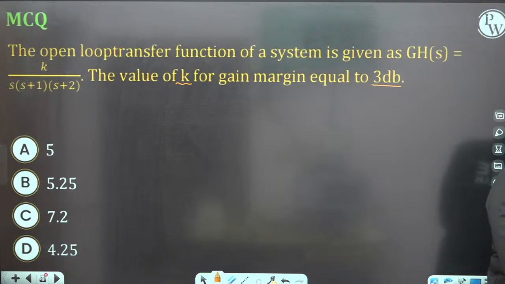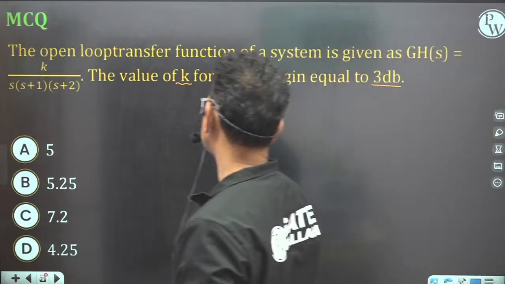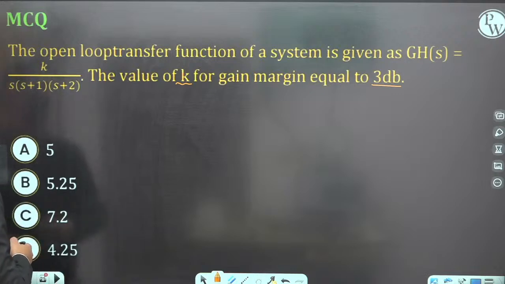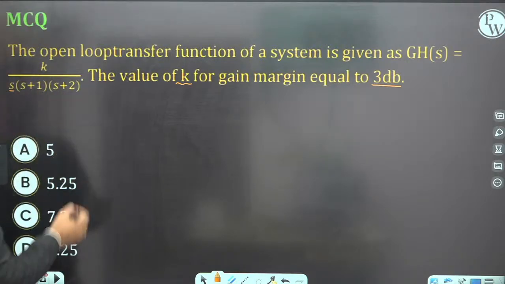Find out the value of K. The open loop transfer function is type 1 and order 3.